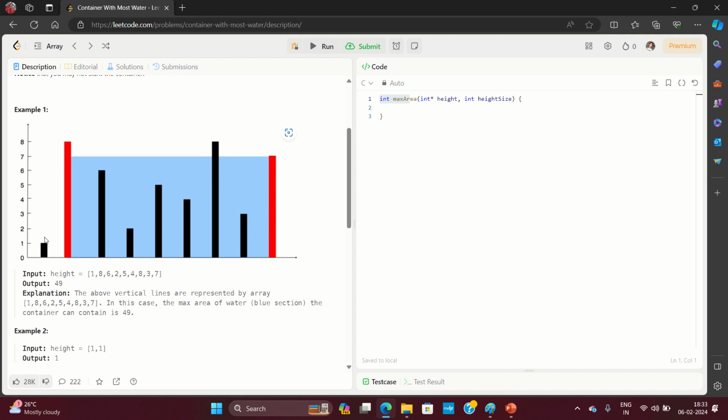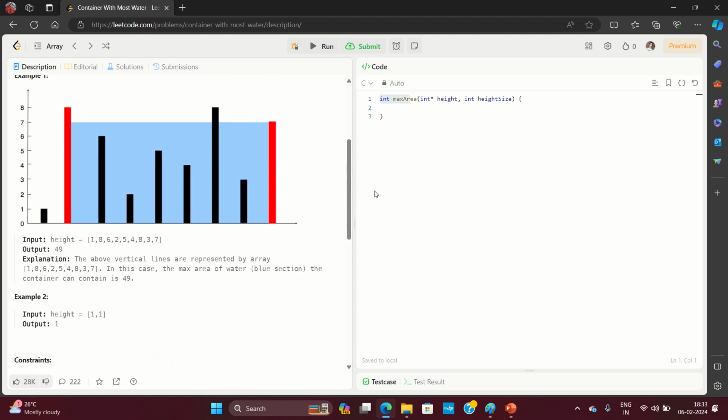That is the most common solution that we can think of. Just find each area and compare it with the previous one. If it is greater, store it, and consequently we get the maximum area.